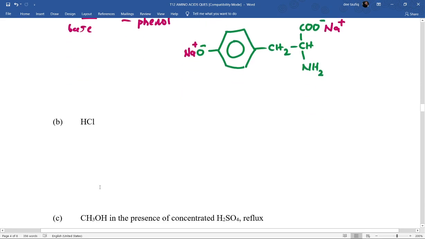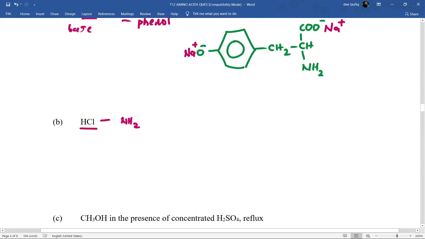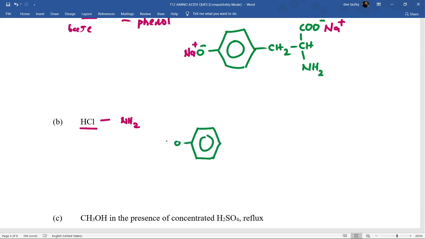5B, HCl. HCl is acidic. When it is an acid, it will react with a base. So the only basic site here is NH2. So it will react only with NH2. Okay, so the structure will become: the OH is not affected, CH2, CH, and the COOH is not affected.